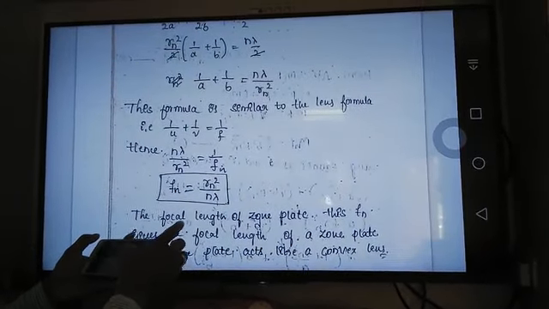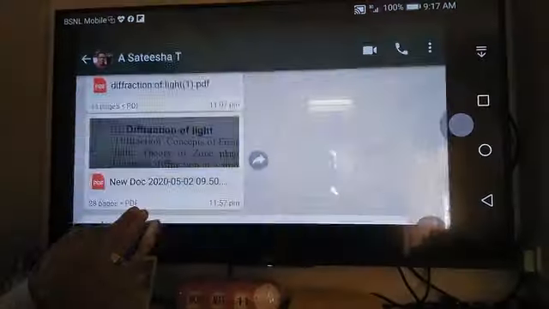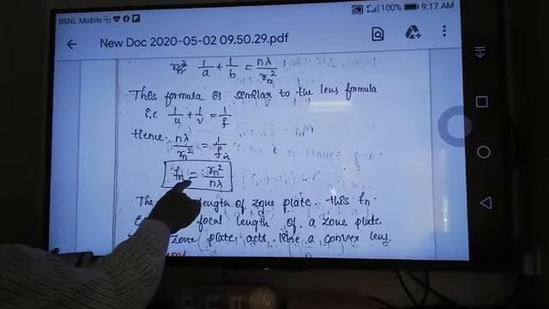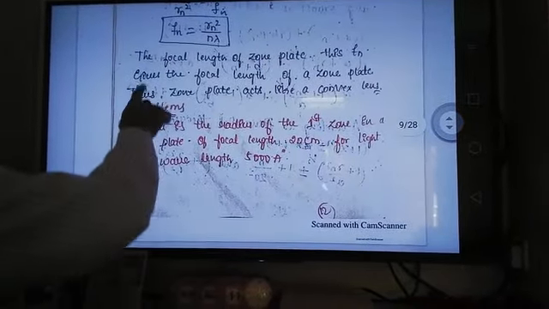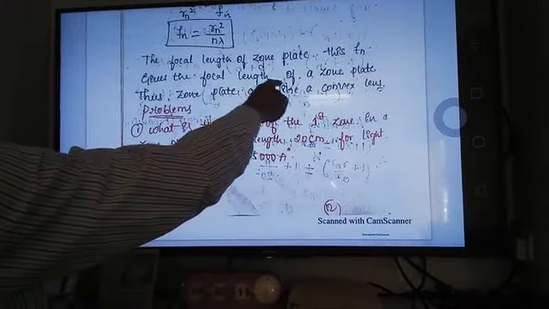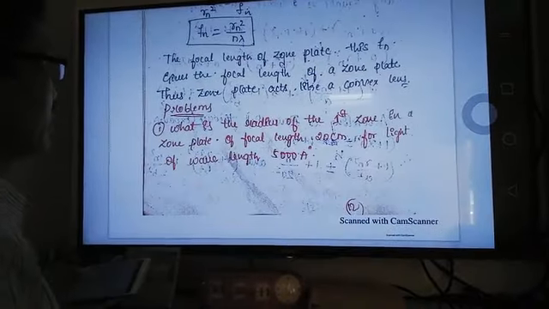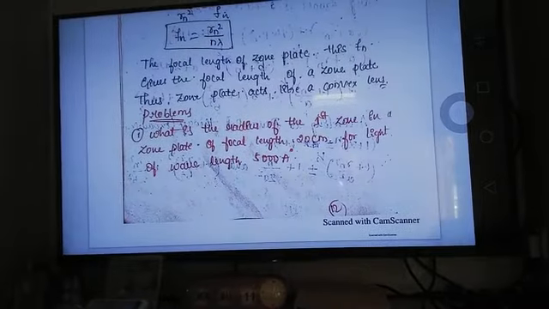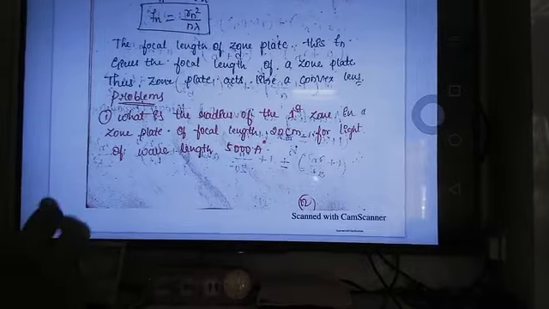Hence, you can write Fn is equal to Rn square by n lambda, the focal length of the zone plate. Thus, the zone plate acts like a convex lens, because both the formulas are nearly the same.